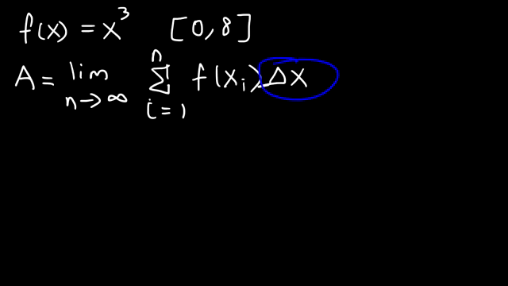Delta x represents the width of the rectangle, and f of x sub i is the height of the rectangle. As n becomes very large, we're going to use an infinite number of rectangles to approximate the area under the curve. And we're going to add the area of each rectangle. We're going to sum it up, and that's going to give us the area under the curve, which is equal to the definite integral of the function from a to b.